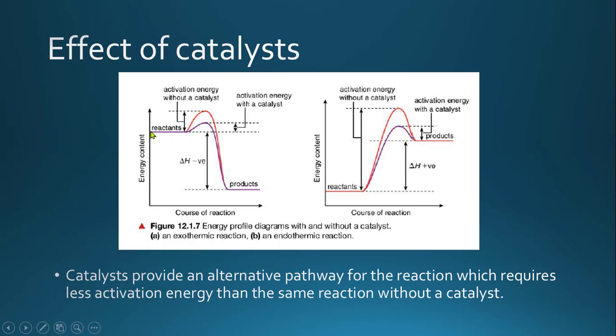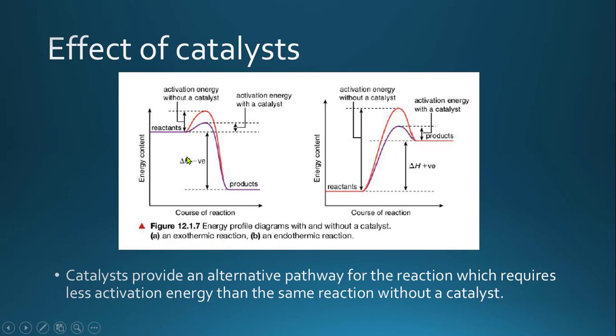So you have to think of it as these reactants having to climb a hill, right? They use more energy to reach the top of the hill without a catalyst. With the catalyst, they require less energy. The less energy it takes to climb that hill, the more reactants are able to have successful collisions with each other, and therefore they will react faster to form their products.